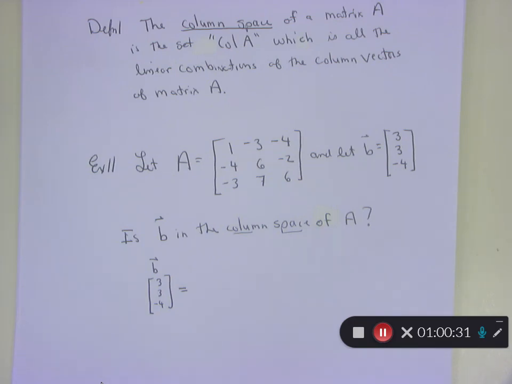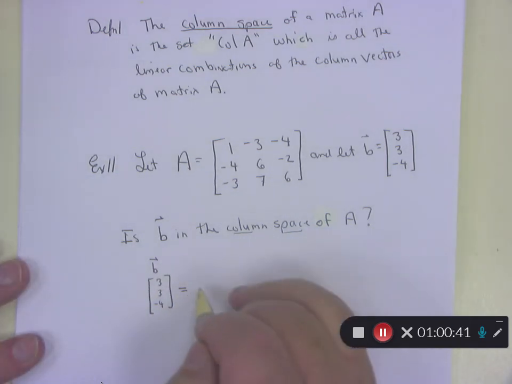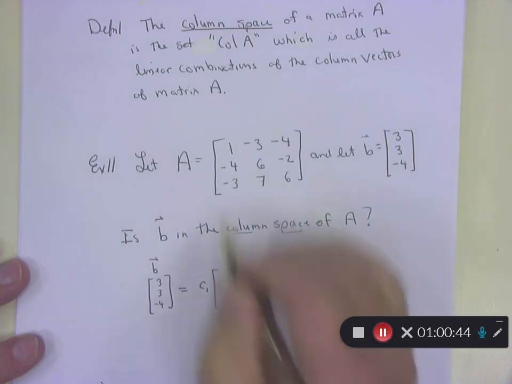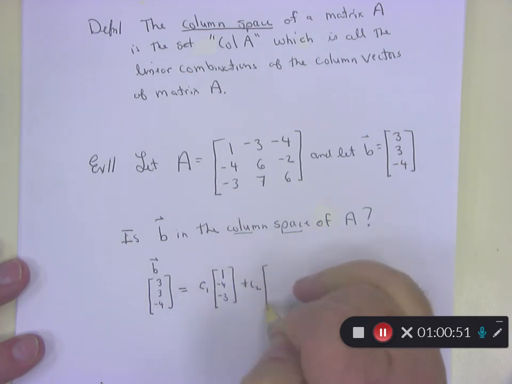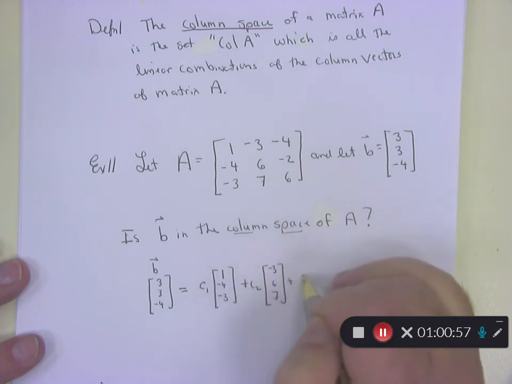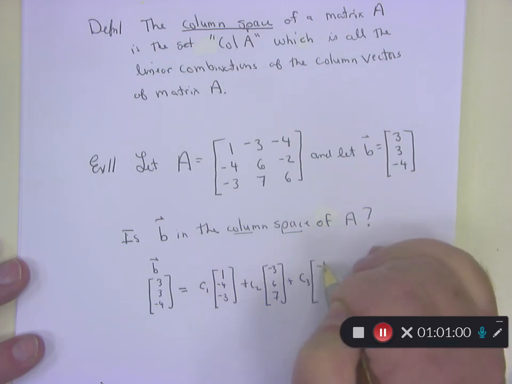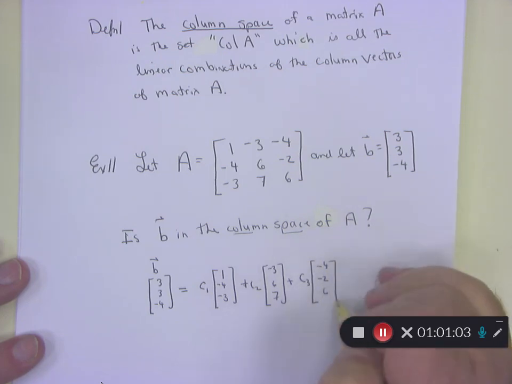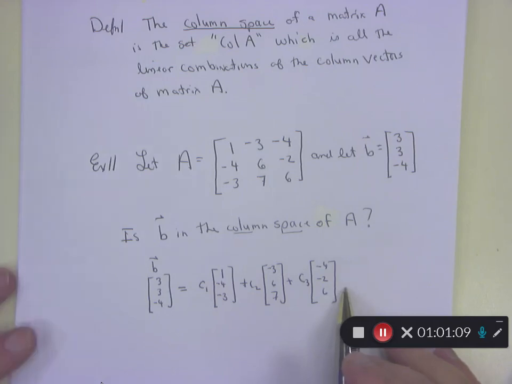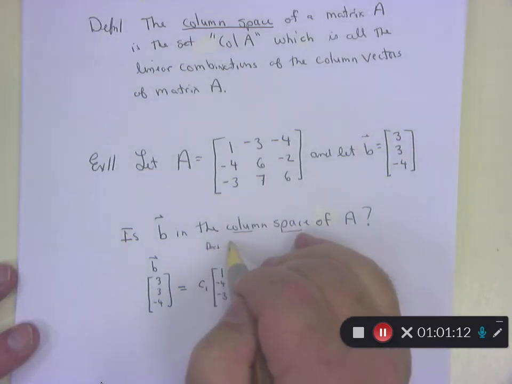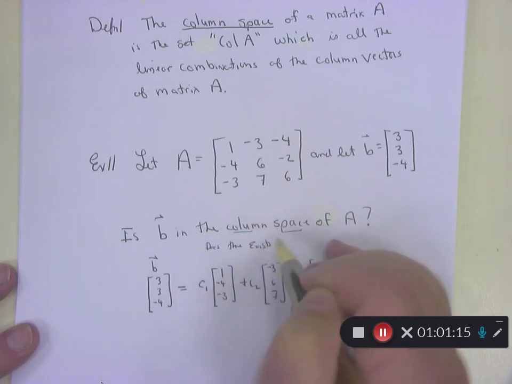Space implies linear combinations of the column vectors of A. So does B equal C1 times the first column vector, 1, negative 4, negative 3, plus C2 times the vector negative 3, 6, 7, plus C3 times the vector negative 4, negative 2, 6?